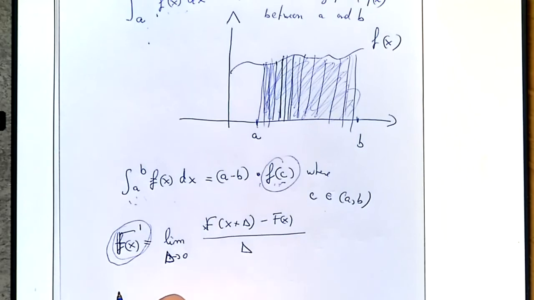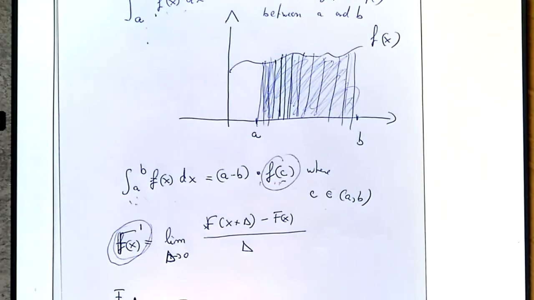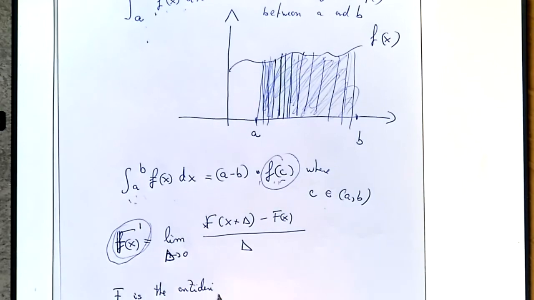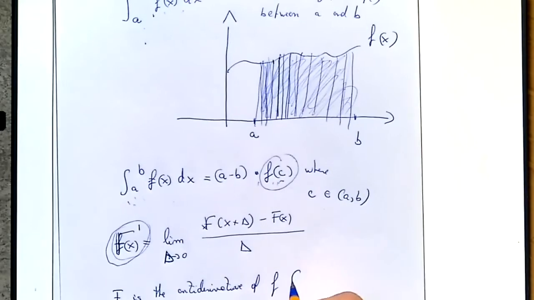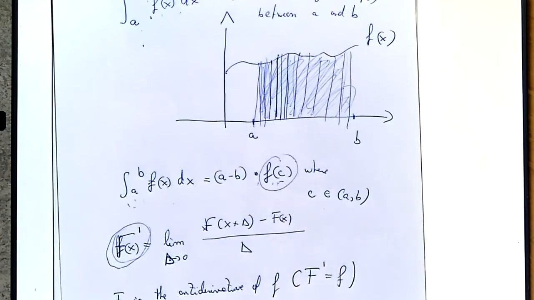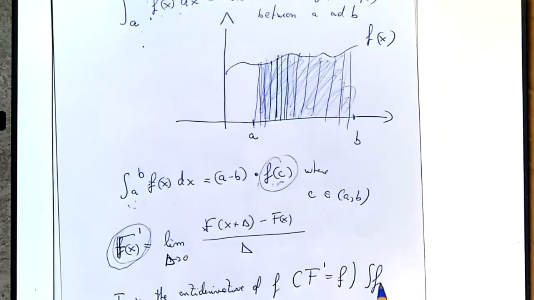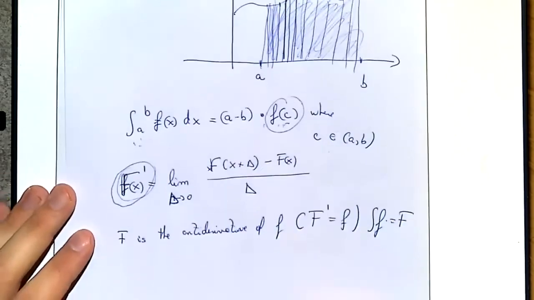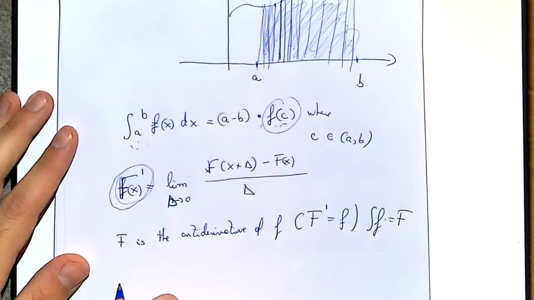By notation, big F is the antiderivative of small f, which again, in parentheses, means that when you take F derivative, you get f, or when you integrate f, you get big F, okay? These are all exactly the same stuff. If you replace that, you'll just get that.